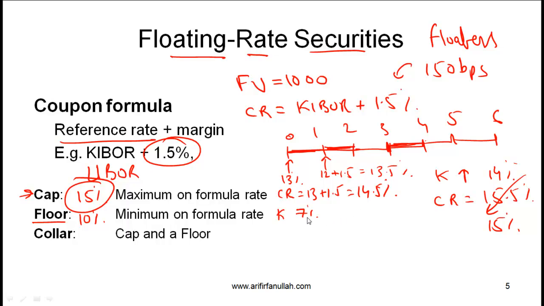According to the formula that we have up here, the coupon rate would then be 8.5%. But if the coupon rate comes to 8.5% and the floor is set at 10%, this means that the issuer still needs to make a payment of 10%. So the floor is good for the investor.